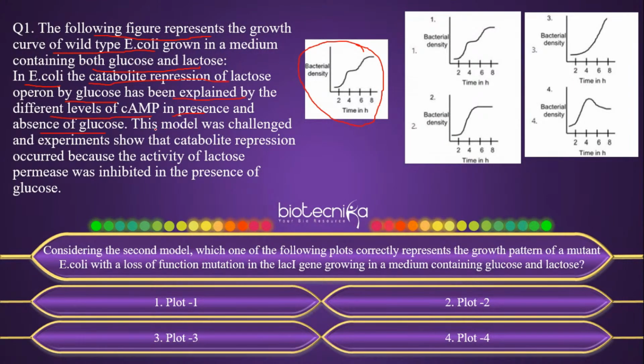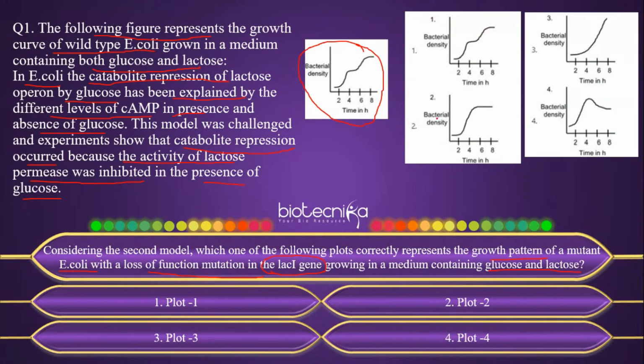Yes? Okay. So this model was challenged and experiments show that catabolite repression occurred because the activity of lactose permease was inhibited in the presence of glucose. Now, considering this second model, you have to find out the growth pattern of a mutant E. coli that is having loss of function mutation in lacI gene, and they are growing in a medium that contains both glucose and lactose.